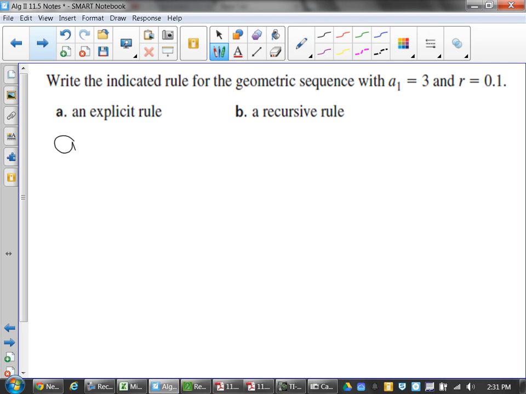When you start out with geometric, we start by just substituting it again. We know what the first term is, we know what the rate is. There's my explicit rule.